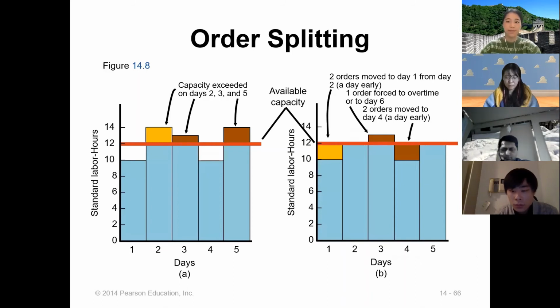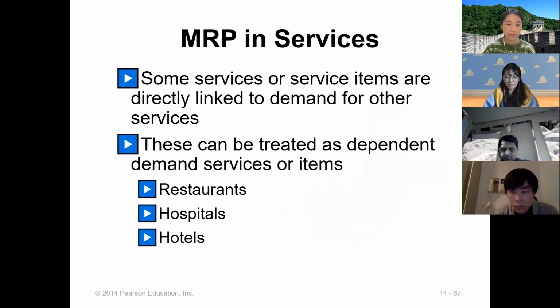Okay, but the idea is this: you can split the orders because there are certain days that probably you have extra idle hours that you can fit in, that you can actually move the order, or you can actually fill up the time to complete the order. So order splitting can also be done.